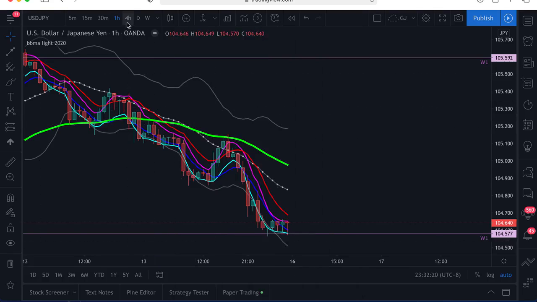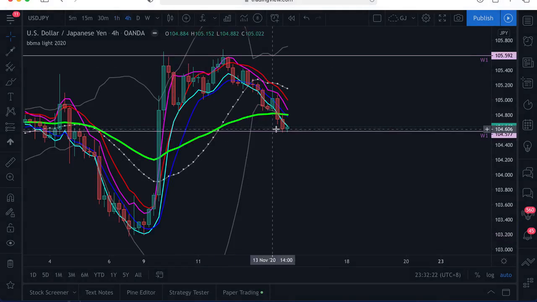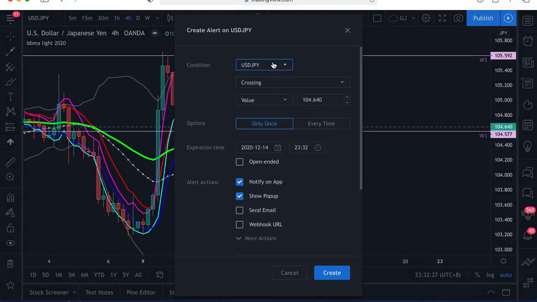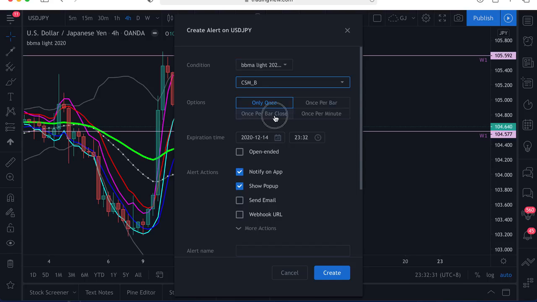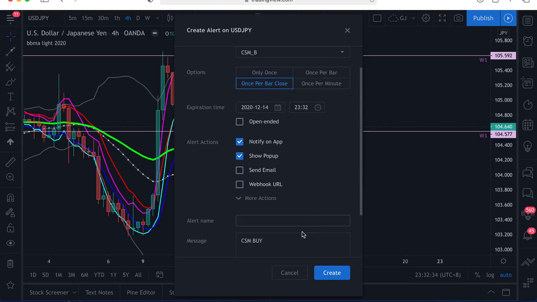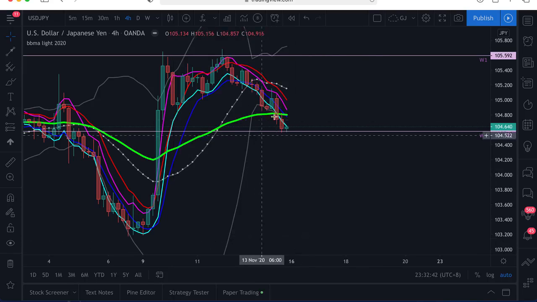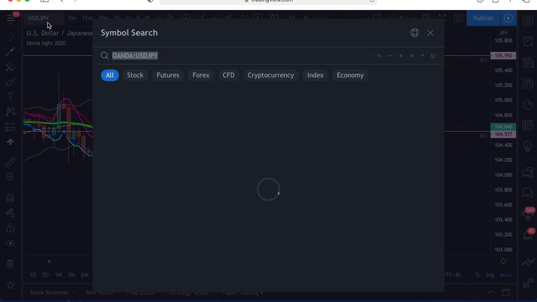Actually no, because here it's already CSM sell, so we want to wait for H4 to make a CSM buy. Sorry, it's very tricky for USD JPY because price on the weekly time frame is at the middle of the zone.